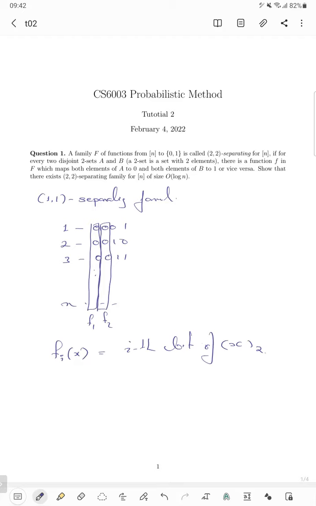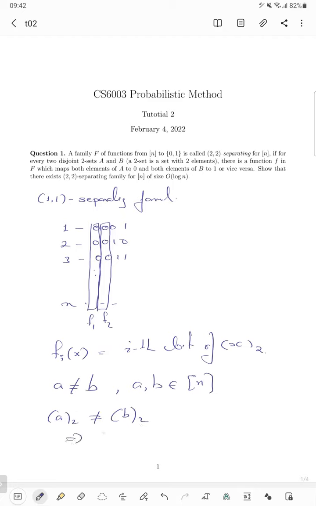Because if you take any two distinct elements, little a and little b, then the binary encoding of one will be different from the binary encoding of the other. What does binary encodings differ mean?